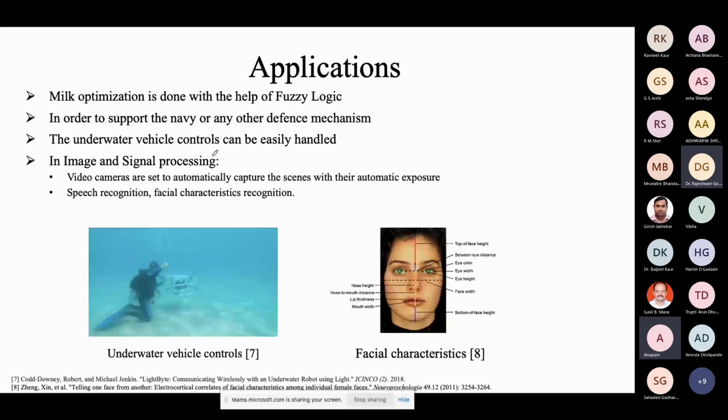Importantly, it can be used in image processing and signal processing as well, where video cameras are set to automatically capture the scene with automatic exposure. It means we can make video cameras that take the picture as per your requirement.